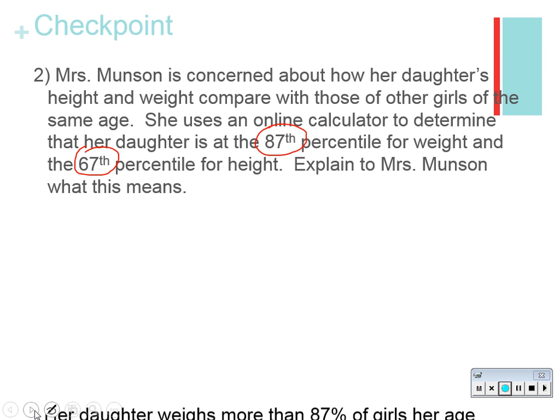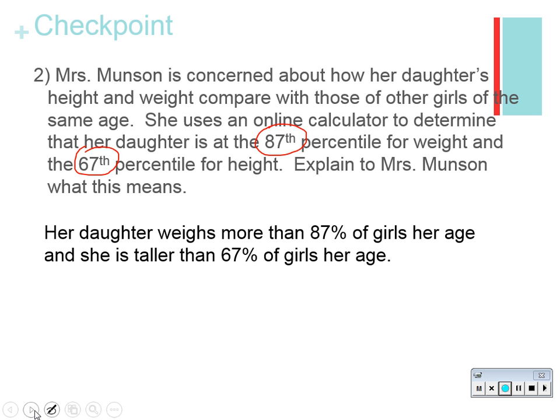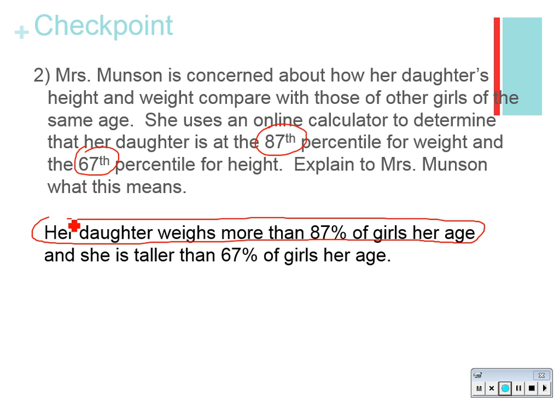Her daughter weighs more than 87% of the girls her age. And the 67th percentile means that she is taller than 67% of girls her age. So once again, notice that we're interpreting this in context.